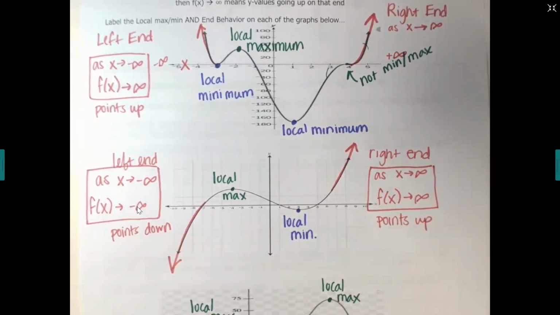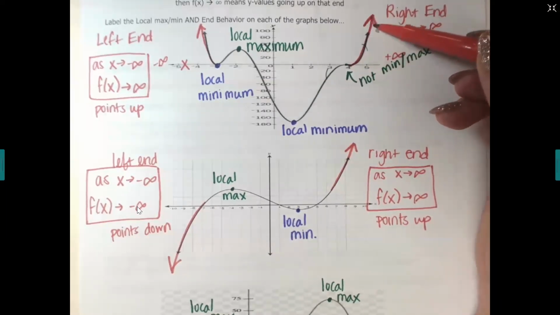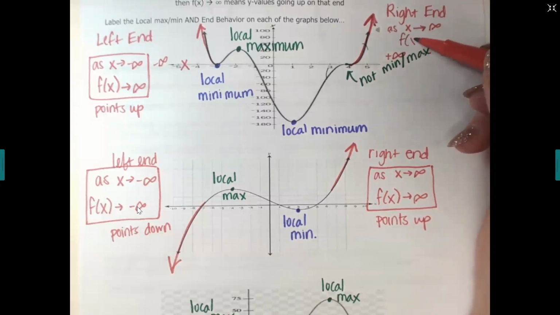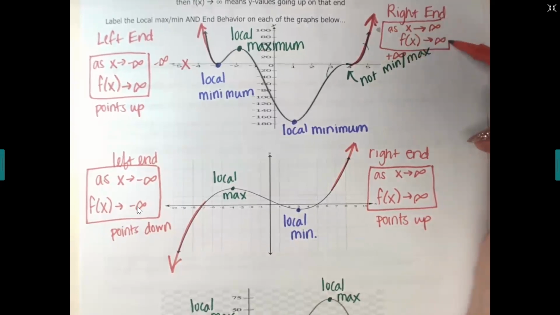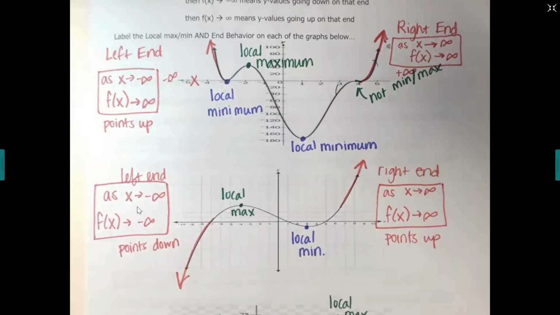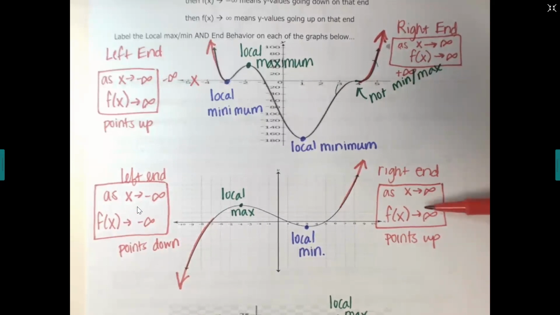If you look at the graph right before that, you'll notice that this end is also pointing up, so I would say as x goes to infinity, my f of x is also going to infinity. So the answer would be that little part in the box. This is me putting what this means, but this would be your actual pre-calc notation.